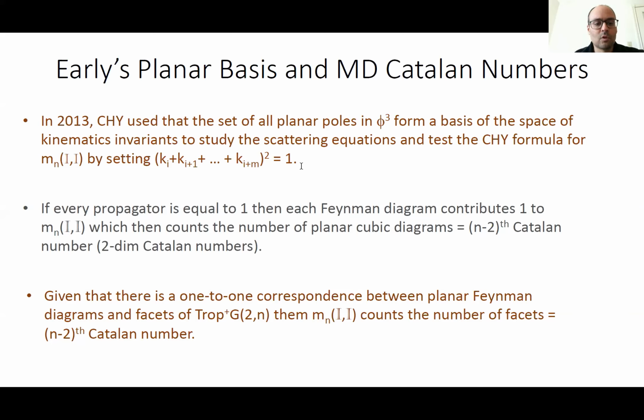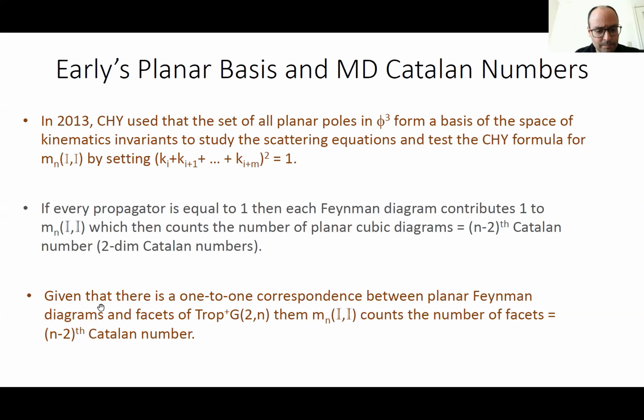All planar kinematic invariants were set to 1. Now, if every propagator is exactly equal to 1, then each Feynman diagram contributes 1 to the amplitude. And therefore, the amplitude does nothing but count the number of planar cubic diagrams, which happens to be the (n-2) Catalan number. Actually, these Catalan numbers, the usual ones, are called 2-dimensional Catalan numbers.